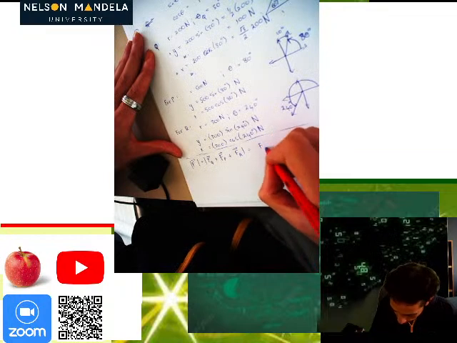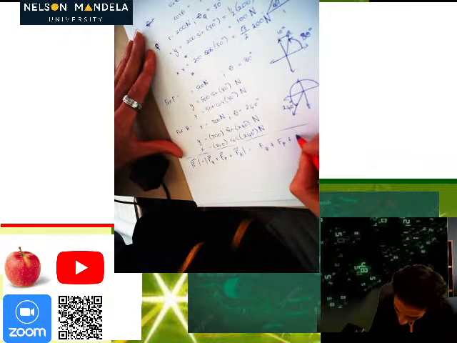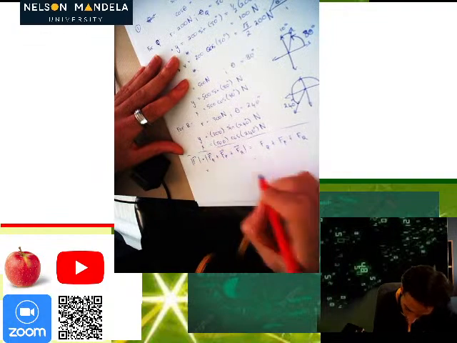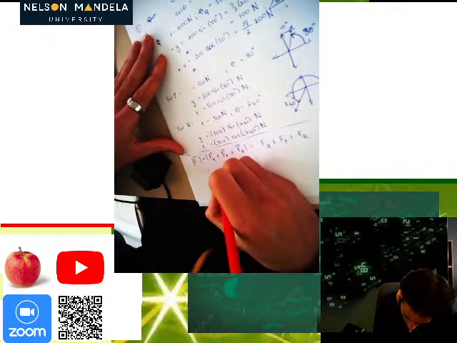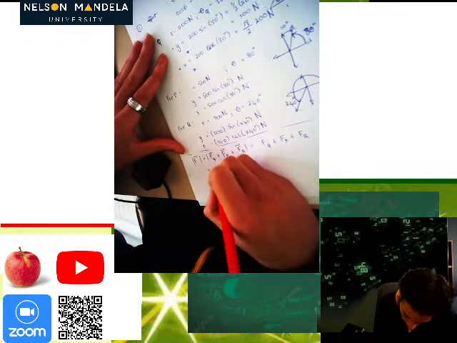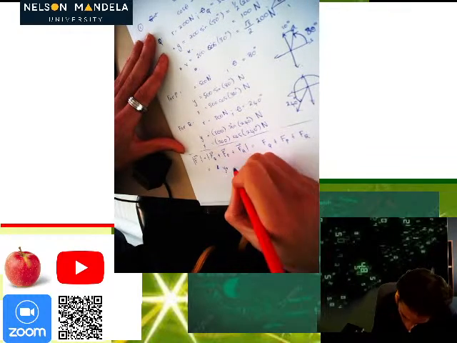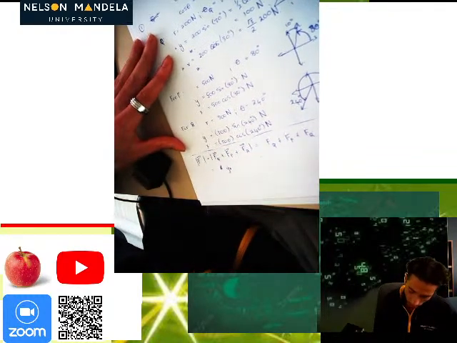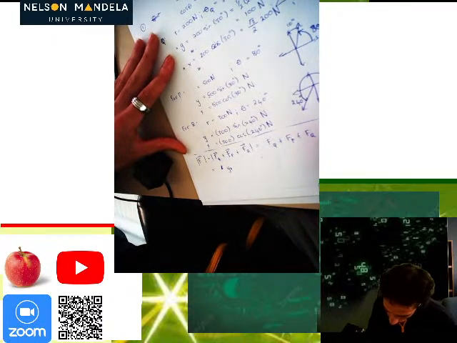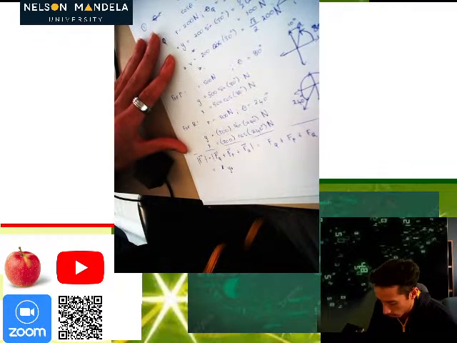I could also represent it similarly, F plus P plus R, and then that would just be the components that we calculated now. So it would be y of Q. Okay, so we have a resultant.